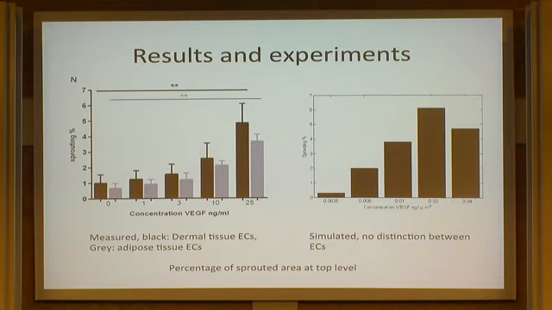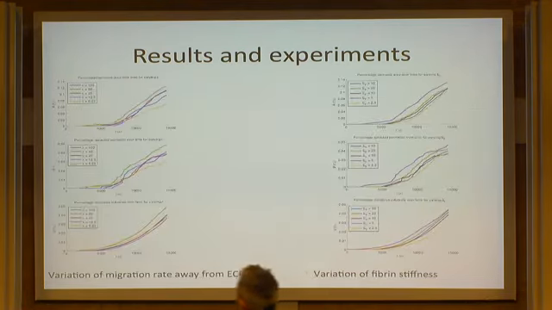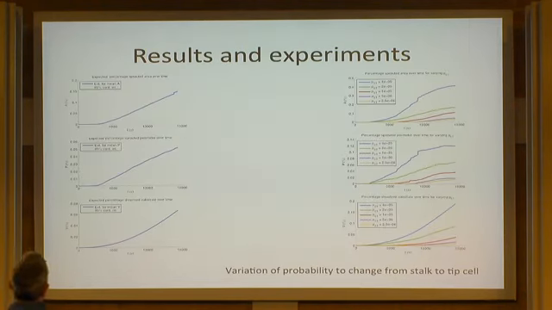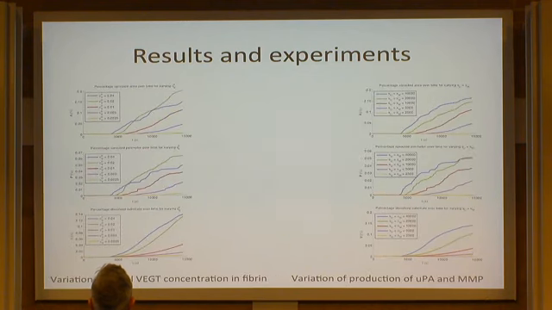Because what you see here is that the sprouting assays will predict a monotonous increase with the concentration. But this is also what you would expect. And if I look back at the figures that I showed earlier, this is the perimeter, and this is the probabilities.